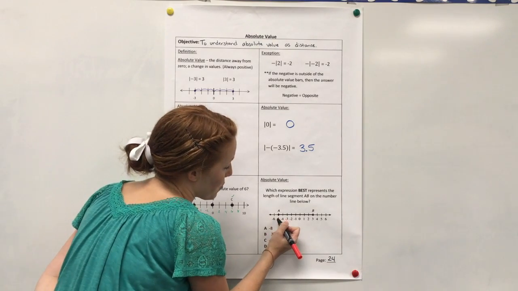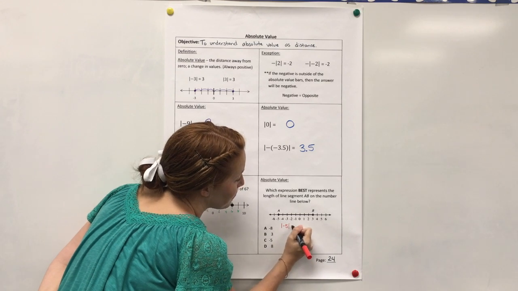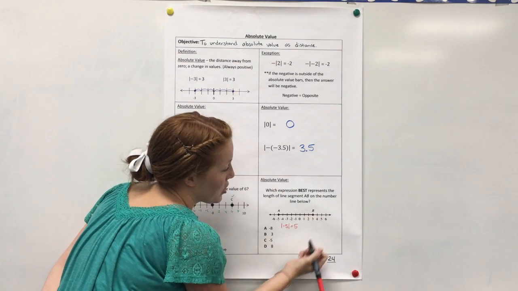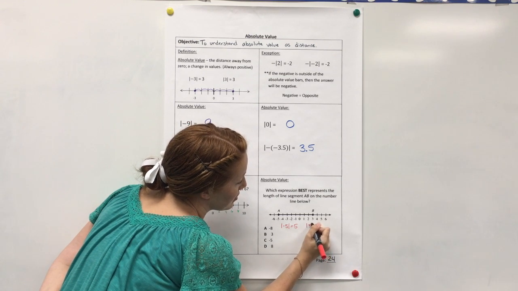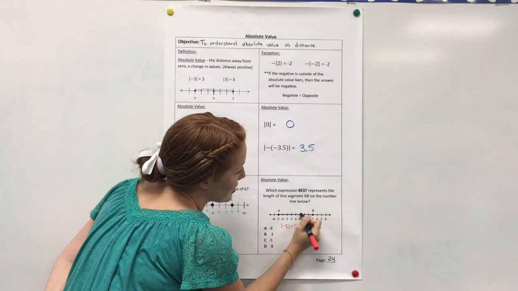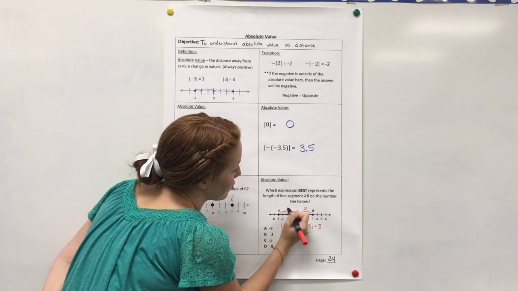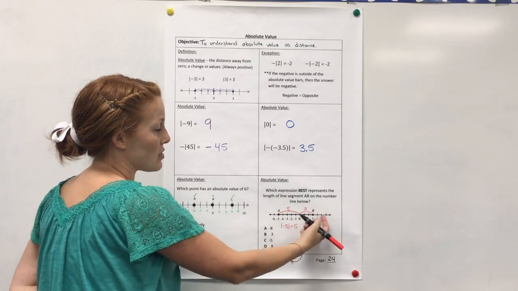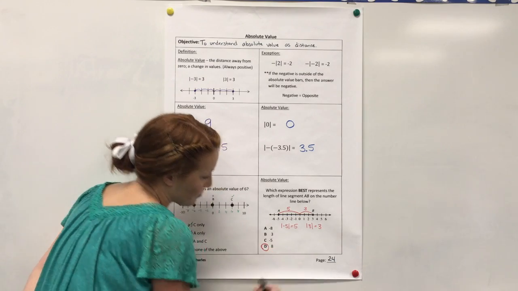So right here we have -5. If I find the absolute value of -5, that's 5. Right here we have 3. If I find the absolute value of 3, that's 3. Well, if this is 3 away and this is 5 away, how long is it total? Well, 5 plus 3 is 8.